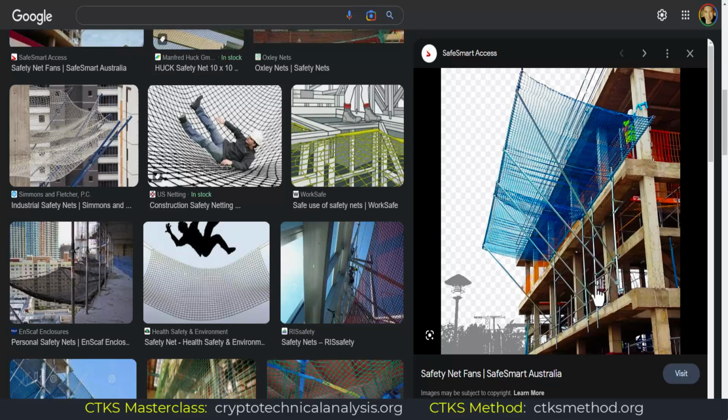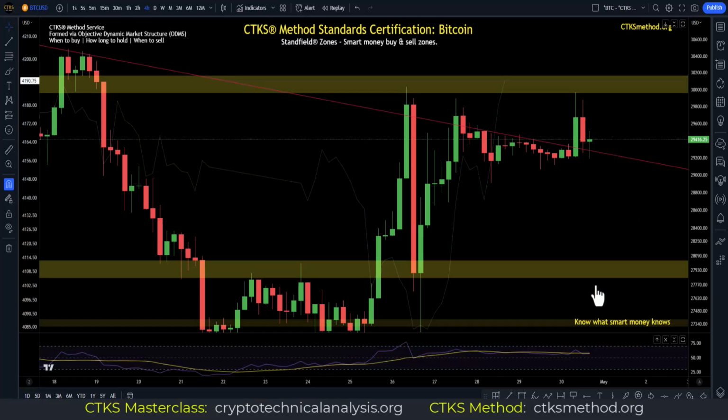And when you do the CTKS method and you look at smart money buy areas below current price, they are safety nets. You can see how the safety nets catch momentum when it's coming down. And when it's coming down hard and fast, it's important to understand that a safety net can be broken through.